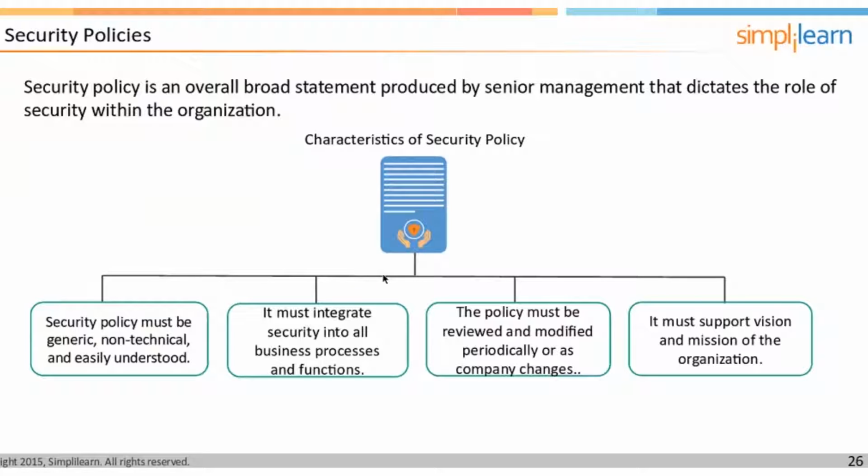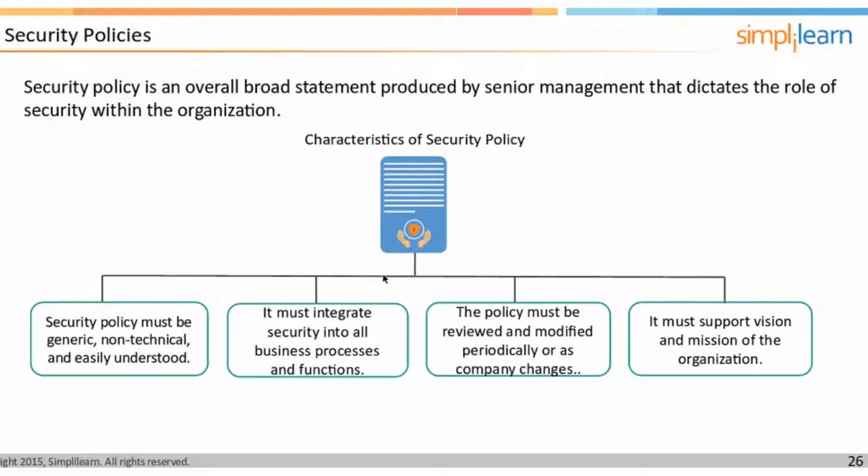All right, this is important. This is to talk about security policies. A policy is an overall broad statement, produced by the senior management. A security policy is a very generic, broad statement which is endorsed by the senior management, and it talks about the role of security within the organization.